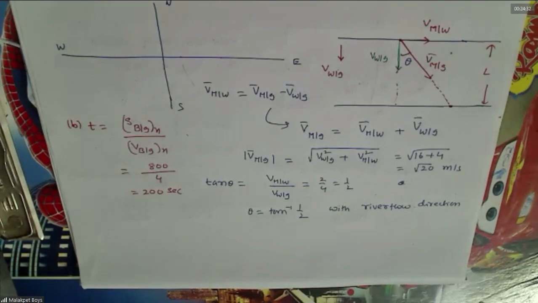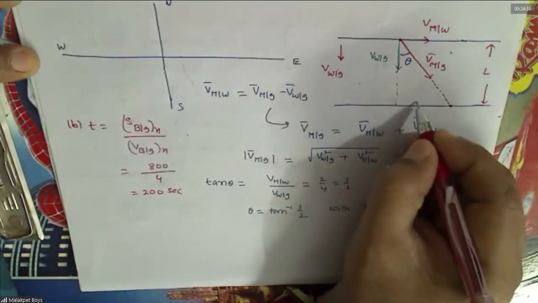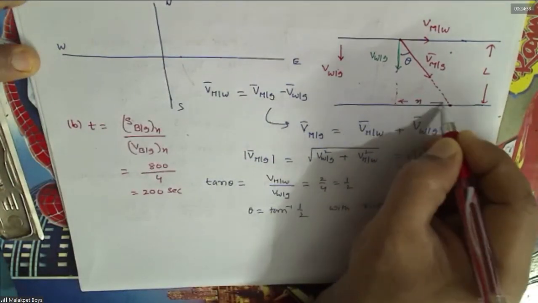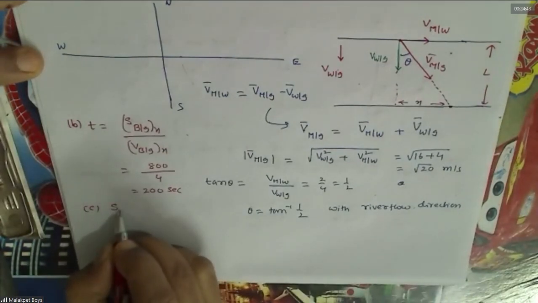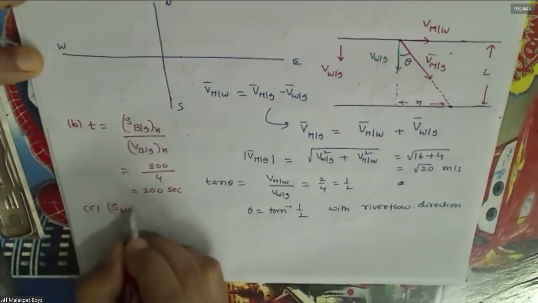Then what else is it asking? Okay, where he will reach, this is x, no? 100 meters. Velocity of boat with respect to ground.